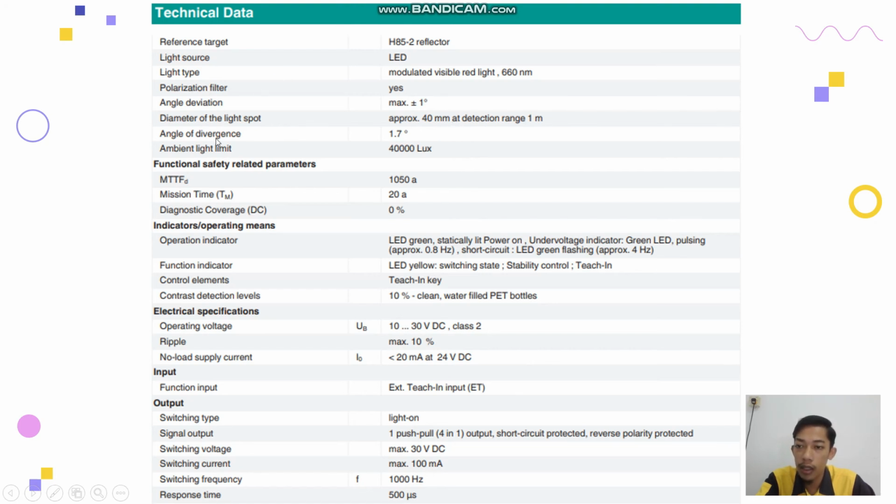The angle of divergence is 1.7 degrees, and the ambient light limit is 40,000 lux plus. For the electrical specification, the operating voltage for this sensor is 10 to 30 volts DC, the ripple is 10% maximum, and the no-load supply current is 20 milliamperes at 24 volts DC.